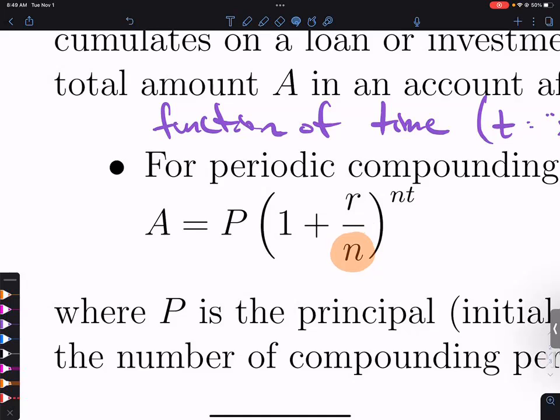If it's compounded quarterly, that means the bank runs the numbers 4 times a year. That would be N, and they figure out how much interest they owe me and add it onto the account. And T is time. Time is in years because of the way everything else is set up.